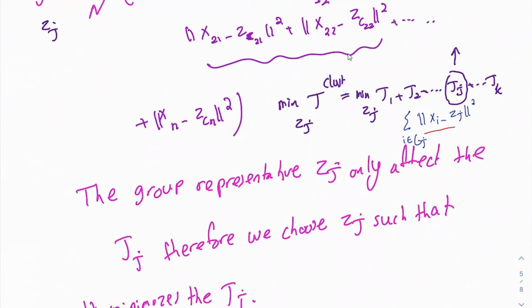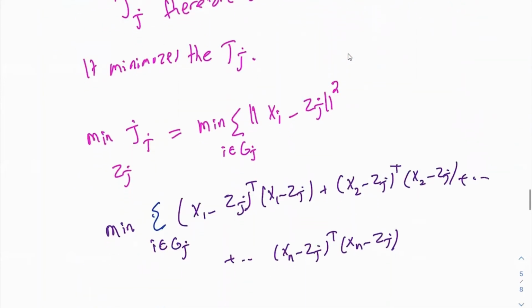We have Z1, we have Z2. If you are trying to minimize with respect to Zj, you have only one term out of K terms that depends on Zj. The rest of them do not depend on Zj. So if you want to minimize the J class with respect to Zj, you only need to minimize Jj with respect to Zj, right? Good.